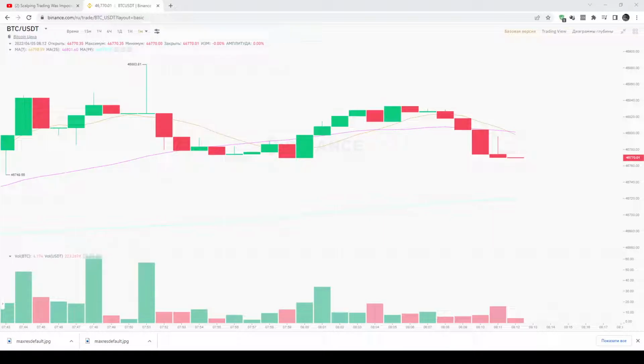Here's an example on the 5-minute time frame. By the way, this is the time frame that gave me the best results. First, we identify the trend using the 50 EMA. We see the trend is upwards: the price is above the moving average, and the EMA is sloping upwards.